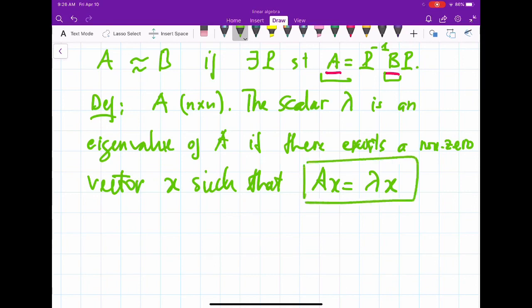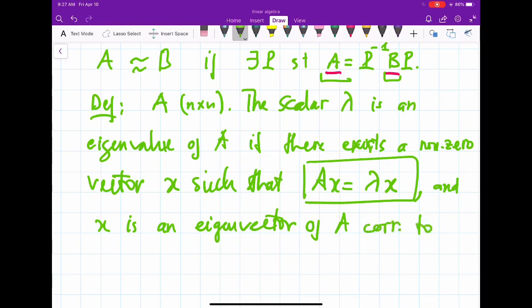And in this situation, x is called an eigenvector of A corresponding to lambda. So you know the definition is pretty easy.